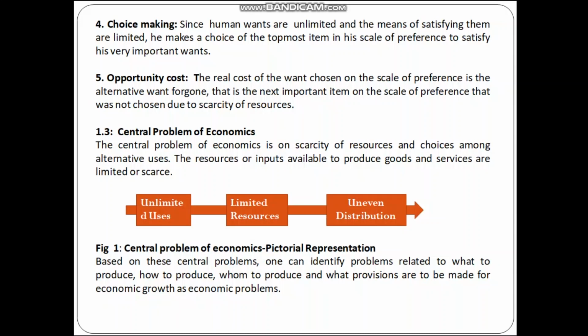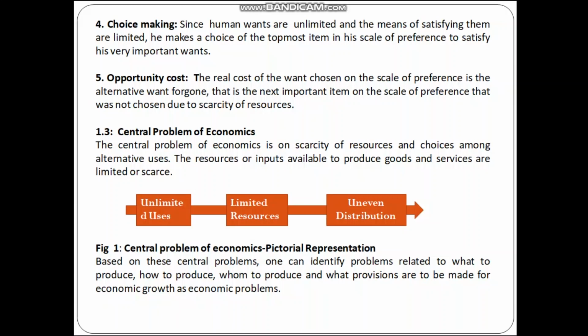Central problems of economics. The central problem of economics is scarcity of resources and choices among alternative uses. The resources or inputs available to produce goods and services are limited or scarce.